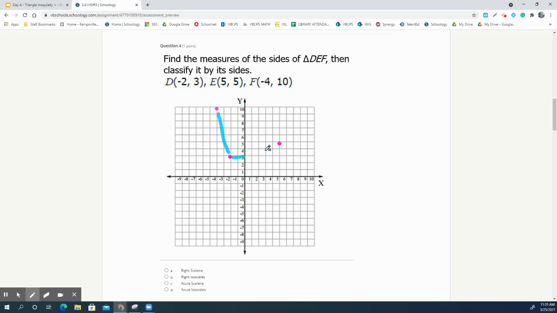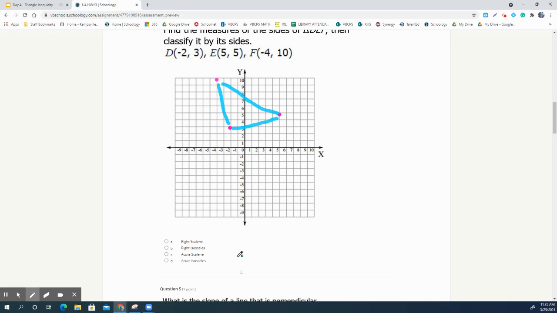So boom, boom, boom. The question is asking me, is it right? Is it scalene? Is it isosceles? So there are some things I can do. To test to see whether it's right, I can test this angle to see if the lines are perpendicular. To do that, I need the slope.